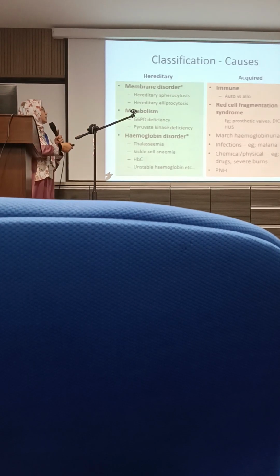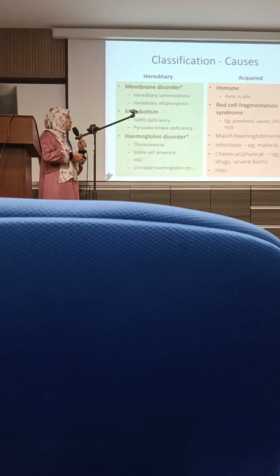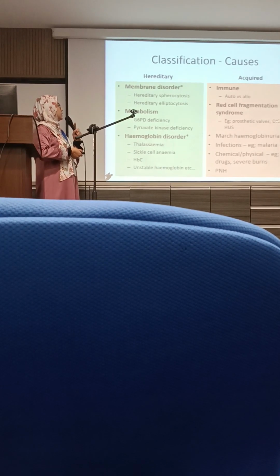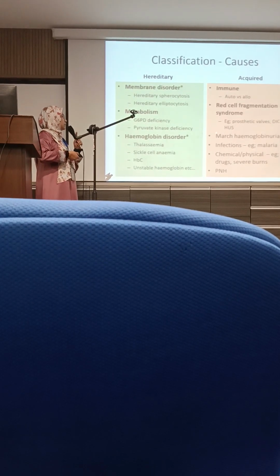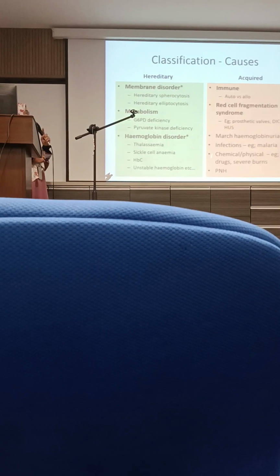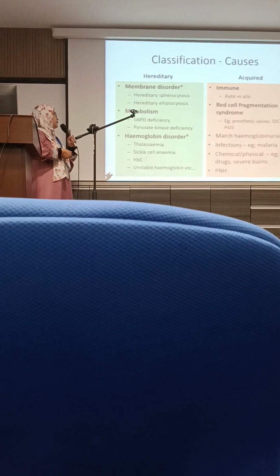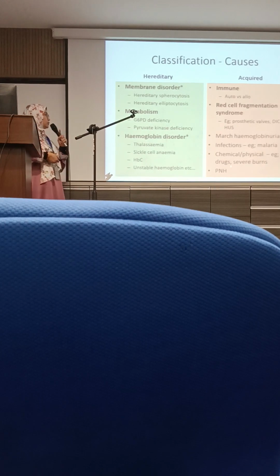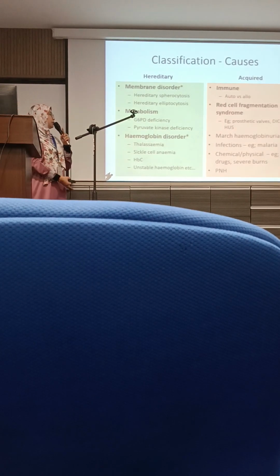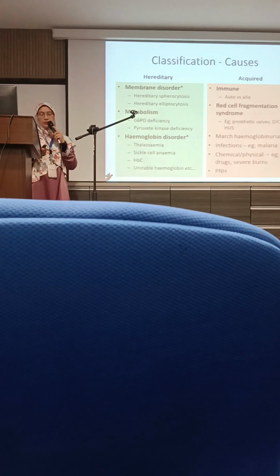Okay. Then you can have red cell fragmentation syndrome. For example, patient with prosthetic valve, DIC, TTP, and HUS. And other causes such as march hemoglobinuria, infections, chemical or physical causes, and PNH, paroxysmal nocturnal hemoglobinuria.